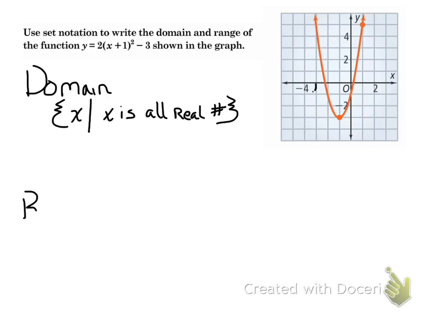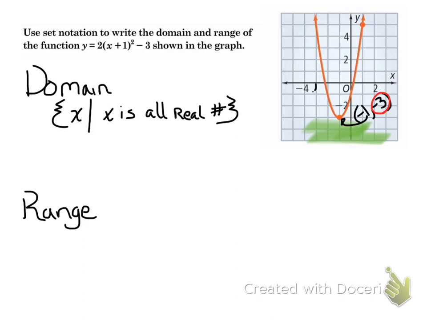My range, on the other hand, no matter how I continue drawing that graph out, it's never going to go below that spot. And that point is at -1, -3. So the value that is dealing with my range, which is my y values, the key value I need is that -3.